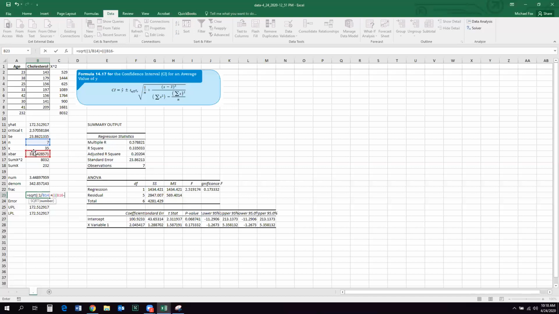X minus x bar squared is my numerator, divided by the sum of x squared minus the sum of x squared over n. That's what I have. I think that's what I had before.